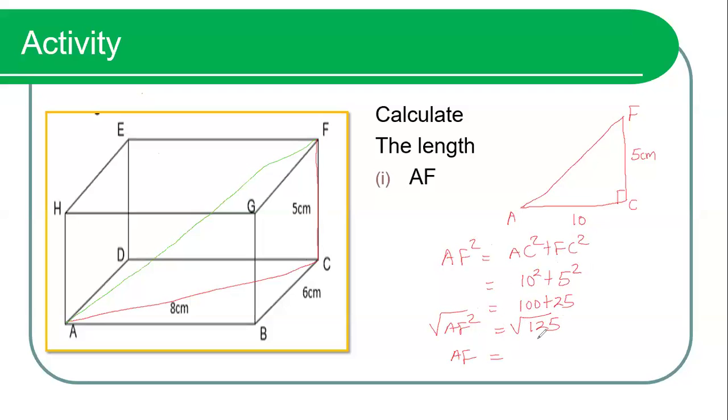Because the more you round off, the more you divert away from the answer. So someone who is writing 11.18, you are very correct. Anyone who has written 11.2, also you are correct, but your level of accuracy is a bit away. Always write to at least 2 decimal places. But when you write 3 and more, that one is also very okay.